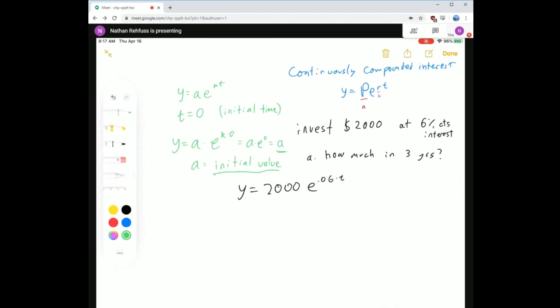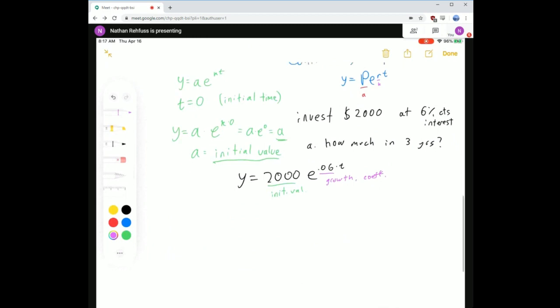So I call this 2,000 the initial value. And again, I call this 0.06 the growth coefficient. We'd call it the decay coefficient if it were negative, but since it's positive, we will be growing. Slower than if it were a bigger positive number, but still growing. So if I want to answer part A, how much in 3 years, this is a very simple proposition.